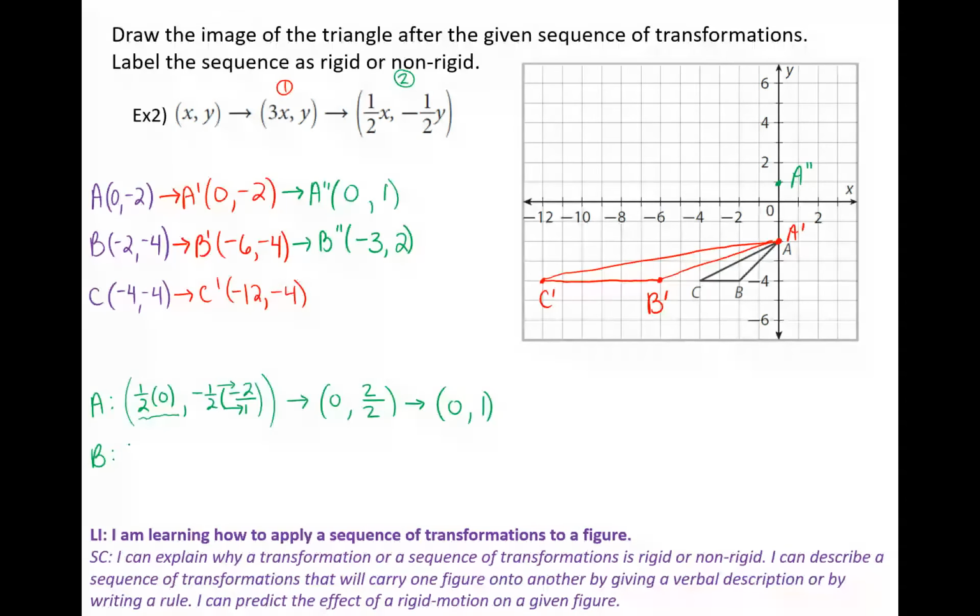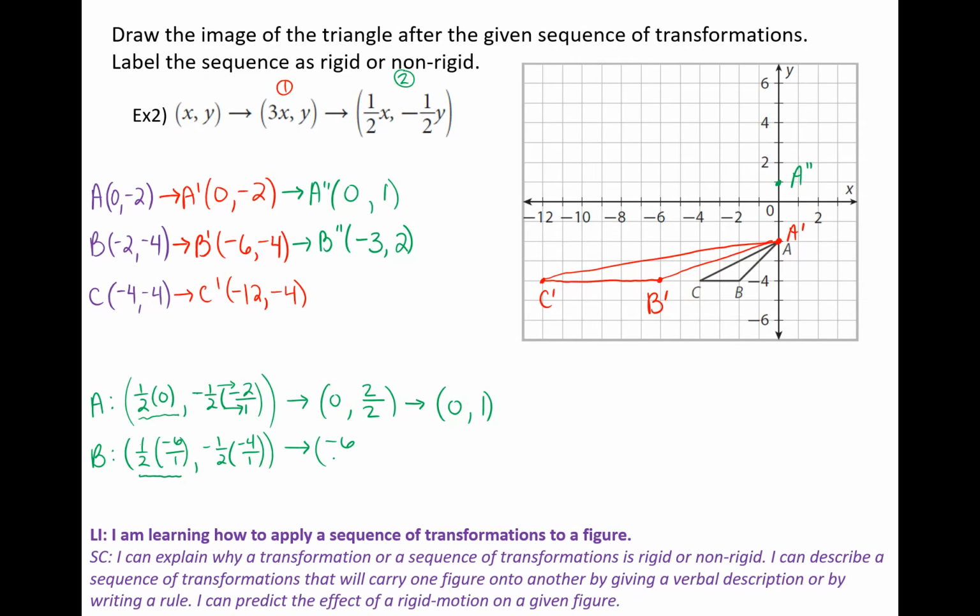And so the math down here would be I'm doing 1/2 times my negative 6, which I'm going to put over 1. That's the x part. And then I'm doing negative 1/2 times the y, which is negative 4, which I will put over 1. So I have some nice fractions there. When I multiply straight across, 1 times negative 6 for the x part is negative 6. 2 times 1 is 2.